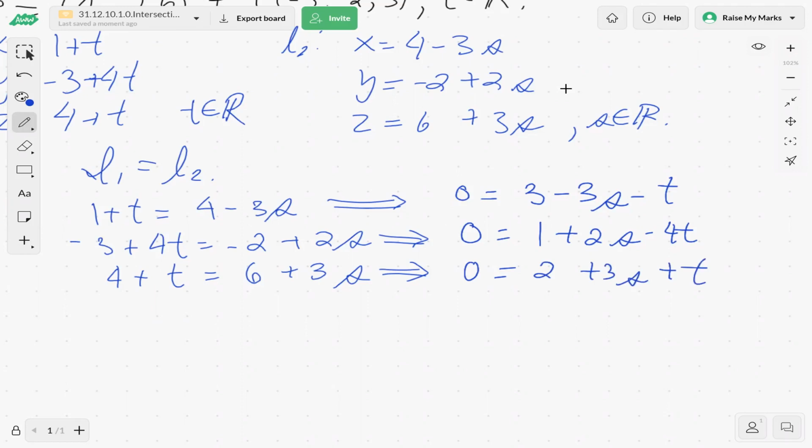So now we have 3 equations and 3 unknowns. We want to see if we can solve for s and t, our 2 unknowns. Let's give some numbers to our equations: 1, 2, and 3.